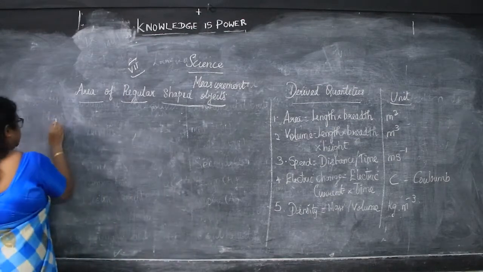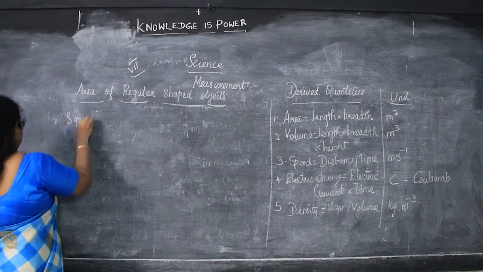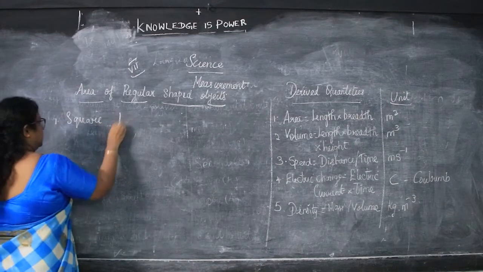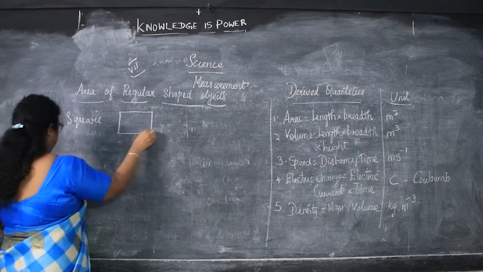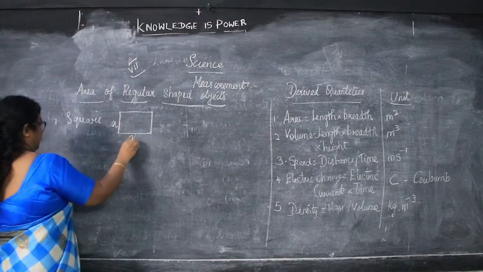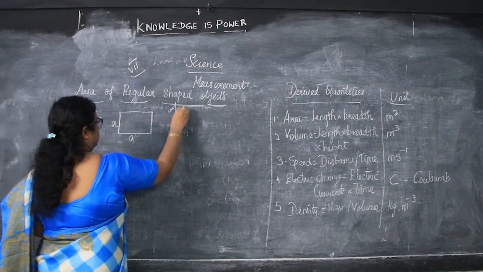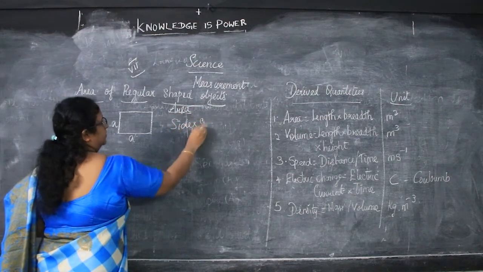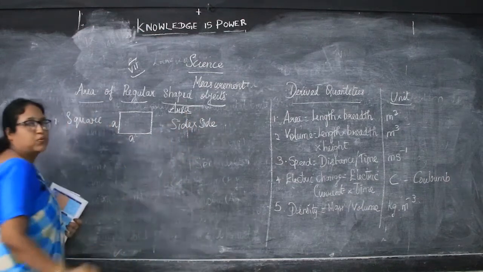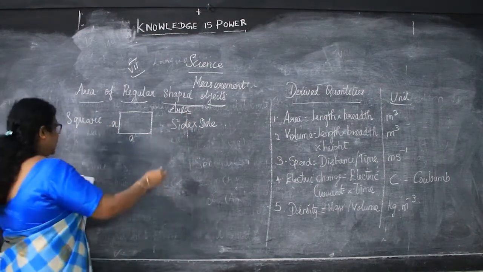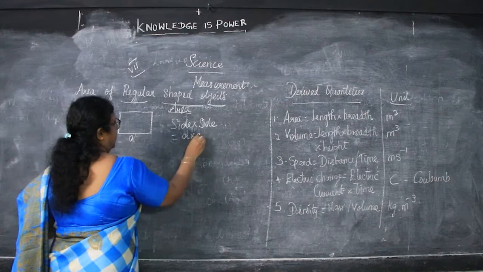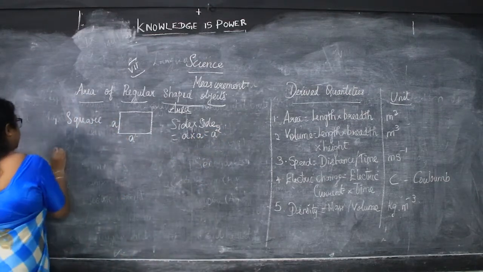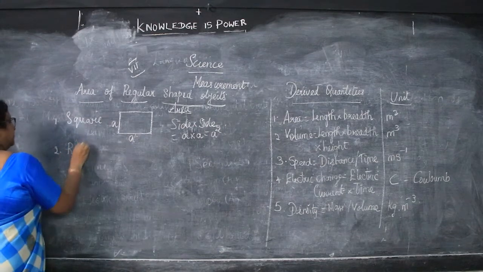Now first is square. So the diagram is a square. Now the area is side into side. So the area for the square is side into side, that is A into A is equal to A square.